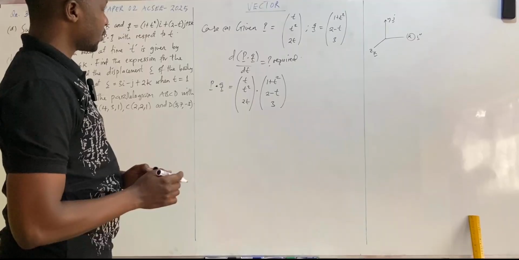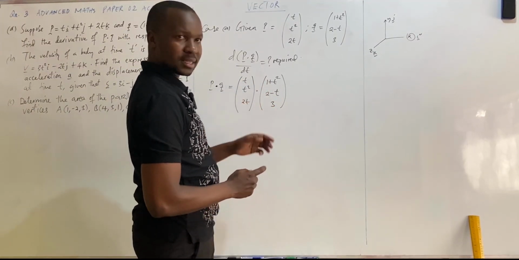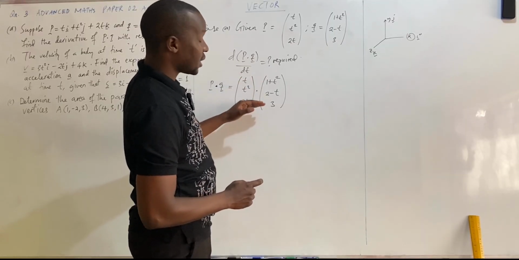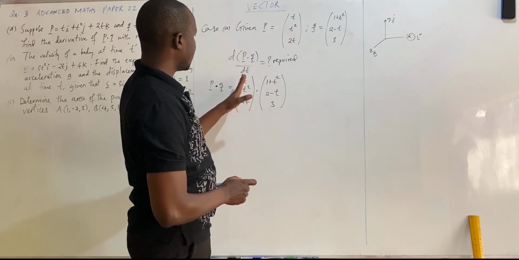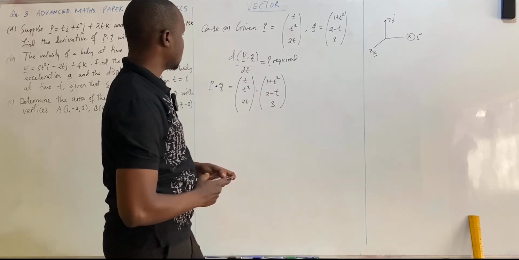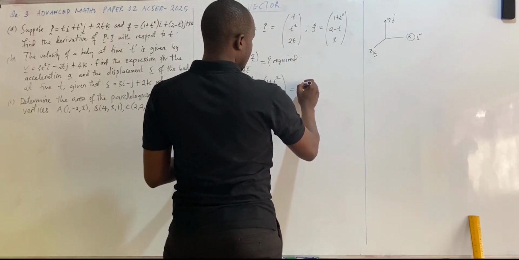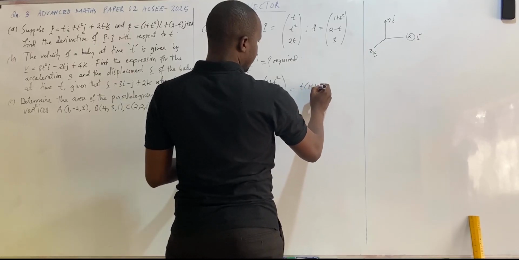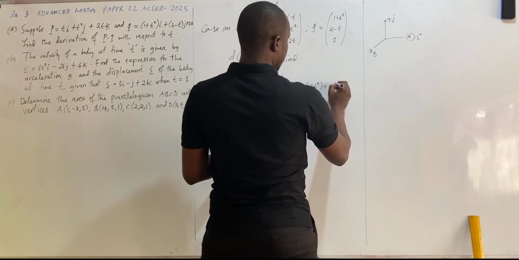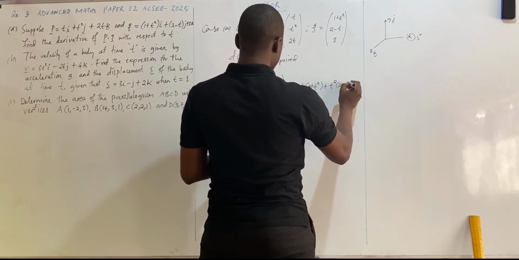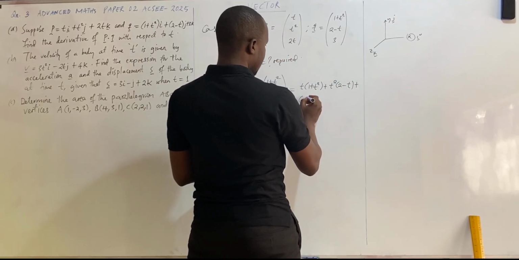A dot product means we find the products and then add them, so we sum the products of the coefficients for I, J, and K. Here we have T times this, we get T bracket 1 plus T square. Then T square times 2 minus T, and then 2T times 3, we get 6T.